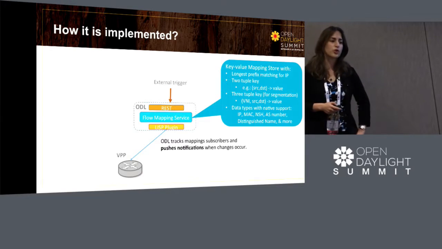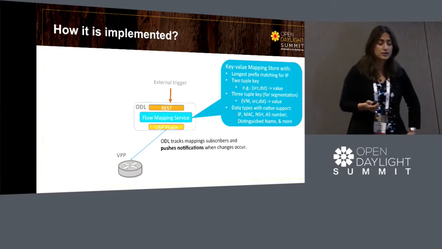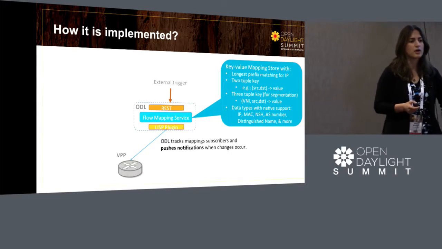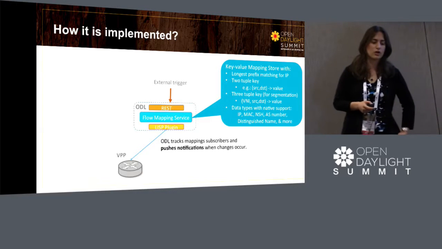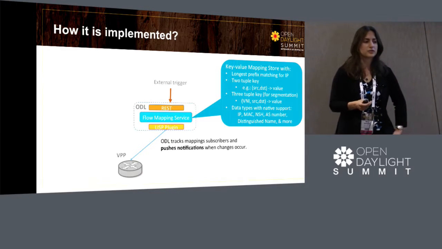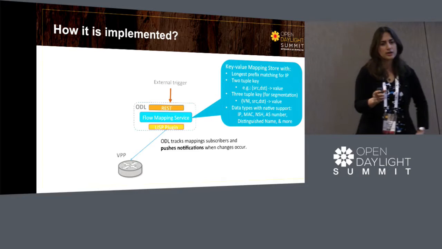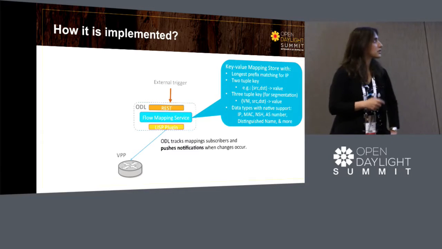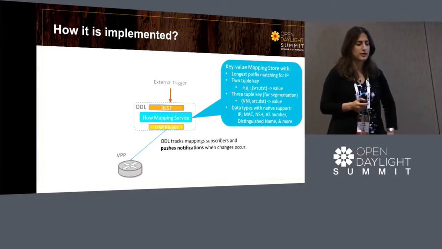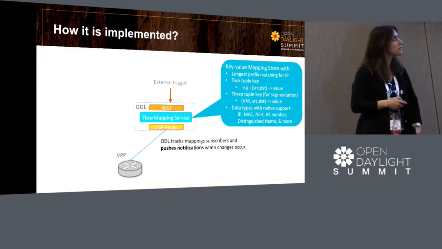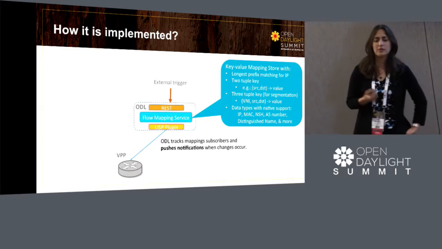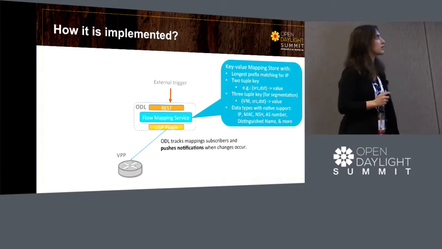Then the mapping service supports two-tuple keys. So you can define the keys for overlay addresses based on source and destination. We saw an example of that earlier in the mock scenario that we were going through. The source and destination can be IP, MAC, or any other kind of data type that we support.